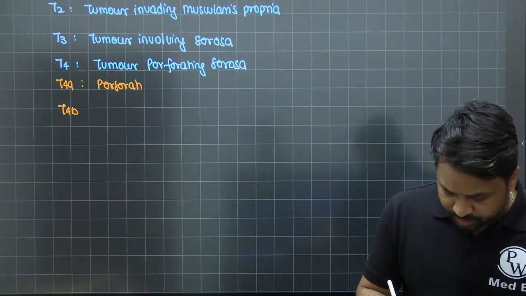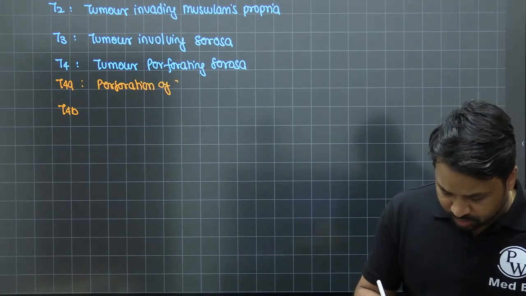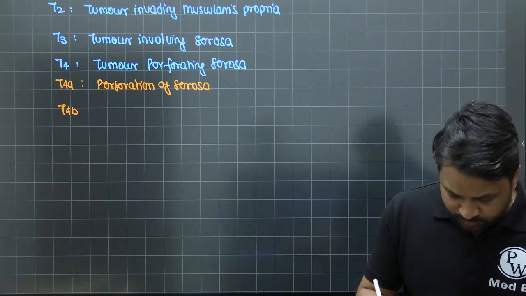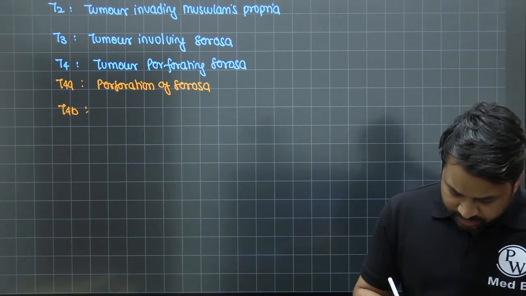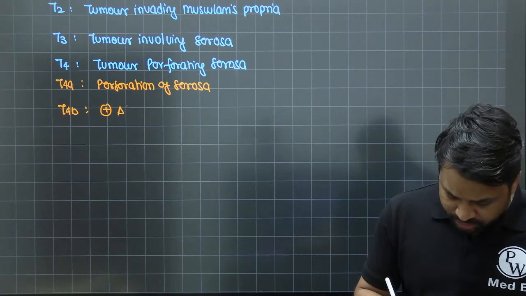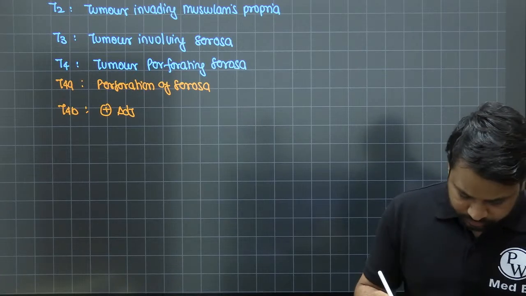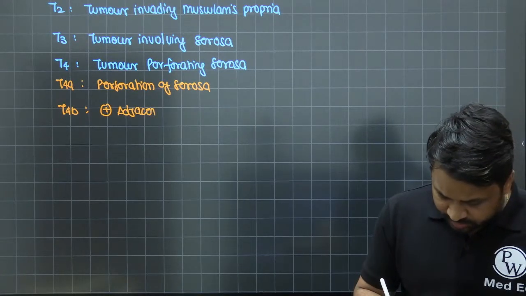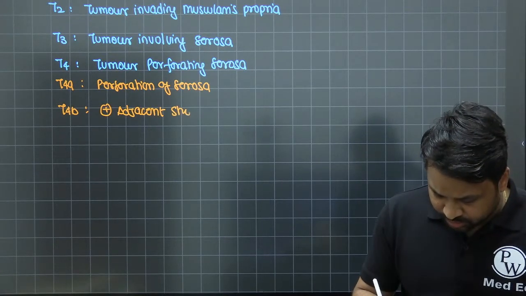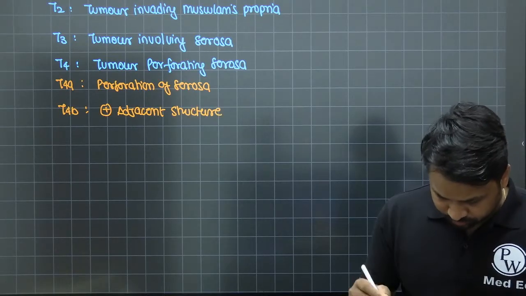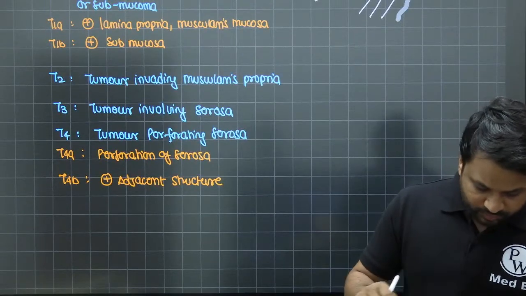There is perforation of serosa, that is T4A. If there is involvement of adjacent structures, it will be called T4B.